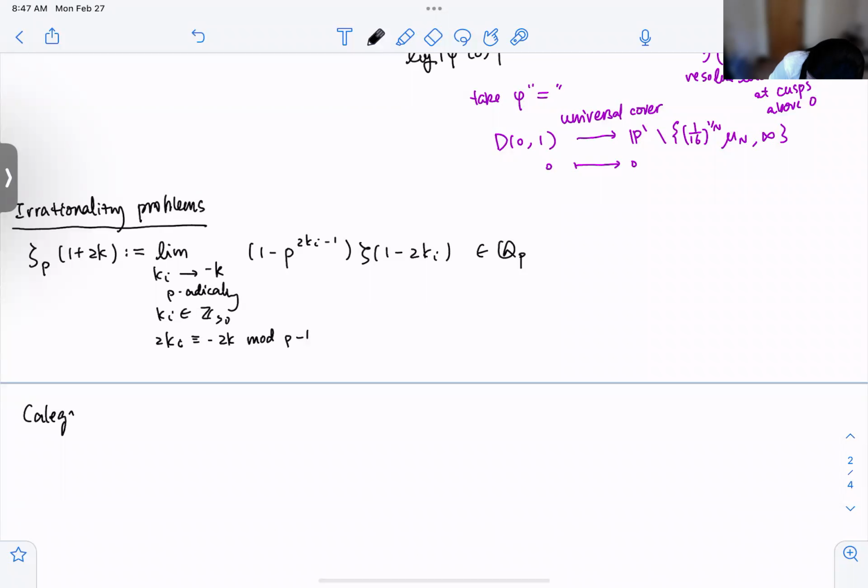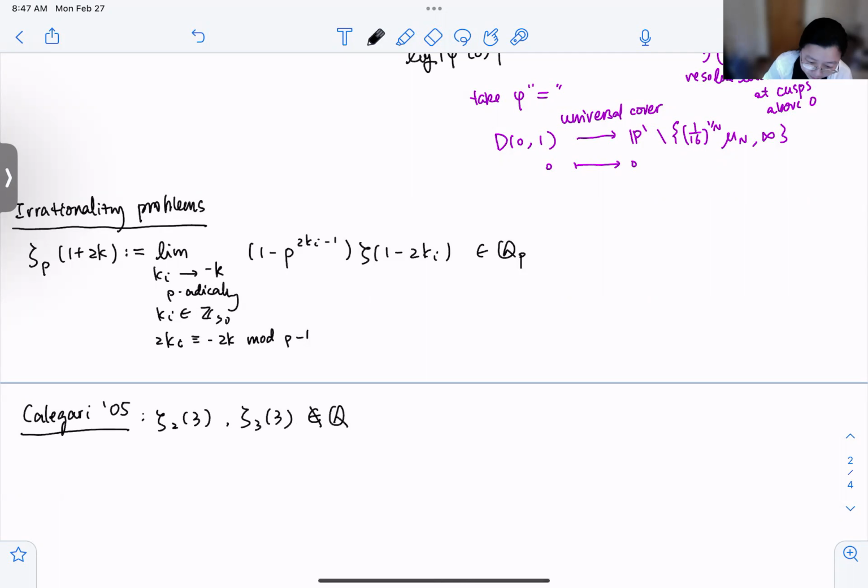the work of Calegari's paper in 2005, where he proved that the two-adic zeta value at 3 and the three-adic zeta value at 3 are both irrational. And his proof was inspired by Beukers' proof, using modular forms to reinterpret Apéry's proof of zeta 3 being irrational.